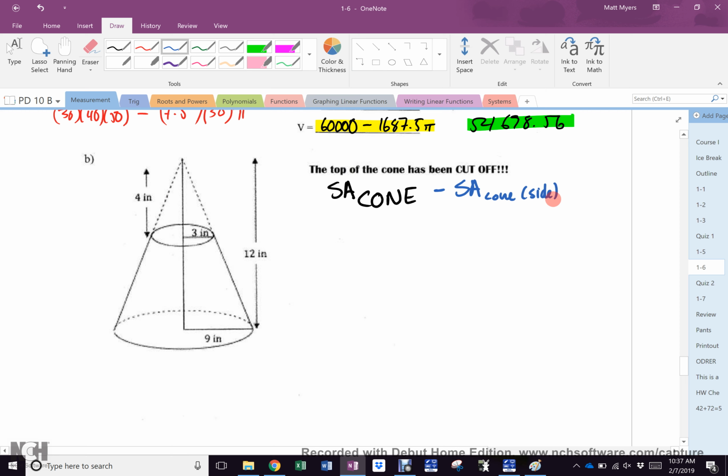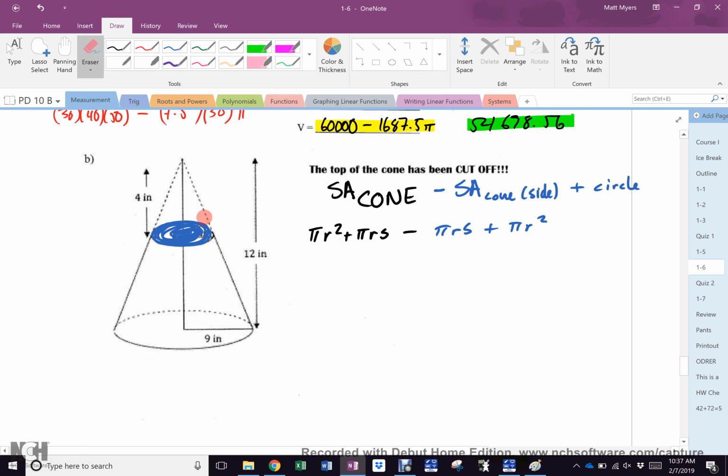Right? But I am gaining what? I am gaining that circle because that's a new surface. So I have to add a circle. So the big cone is pi r squared plus pi r slant, minus just the sides, which is a pi r slant, plus a pi r squared.